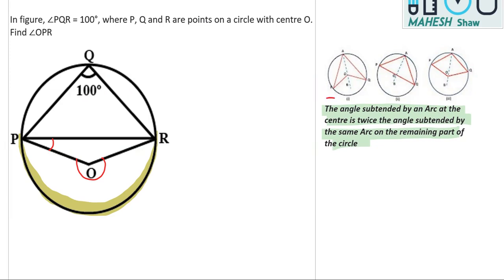We must mention it: reflex angle POR is twice this angle. So twice of 100 comes out to be 200.